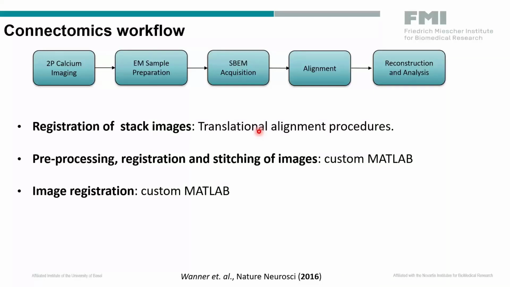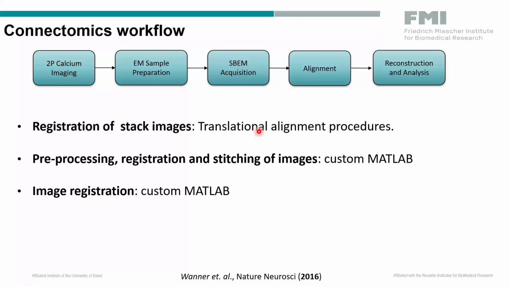After acquisition, you would like to do alignment, and actually you don't need so much alignment because the images are overlapping very nicely to each other. So you need to proceed with a translational alignment procedure.